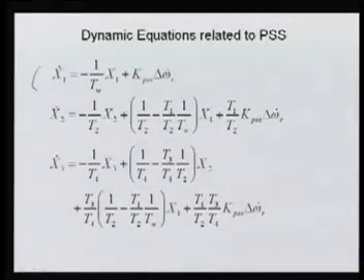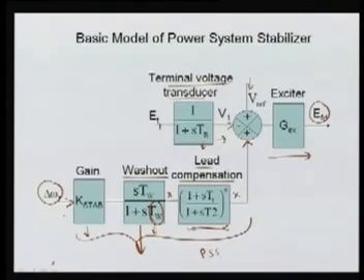So to see the dynamic equations, now we have added three more differential equations. One corresponds to the gain of the PSS. This is corresponding to the gain which is coming here, and that is your x1 we are getting here.